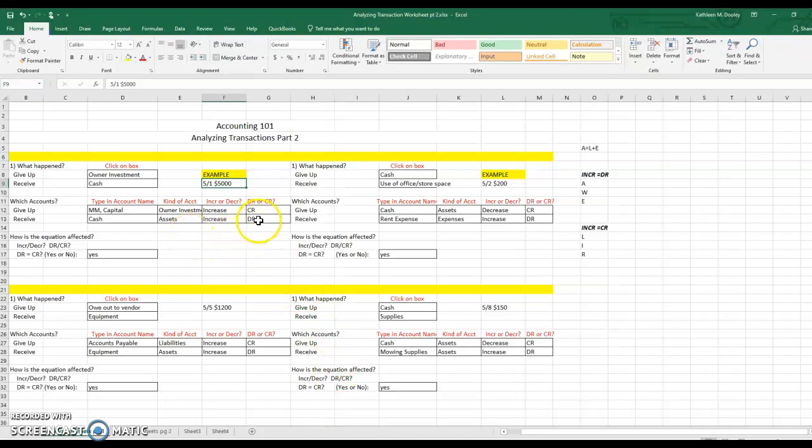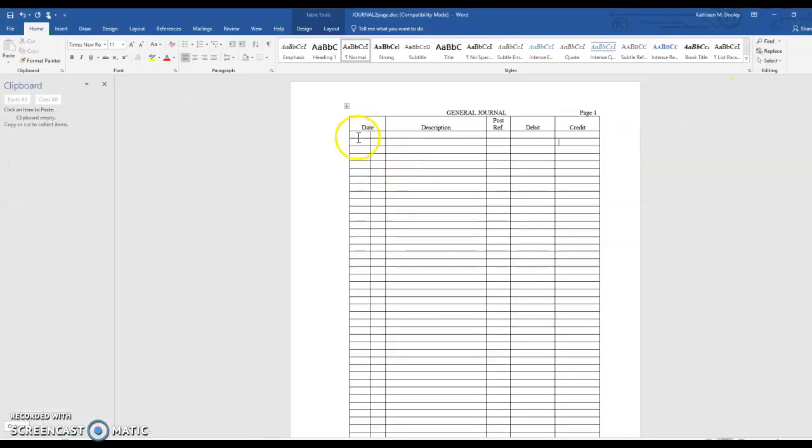Okay, so the first transaction, we said we're going to debit cash and credit capital, and it's May 1st for $5,000. Okay, so step one is to put our date in, May the 1st. Now, on the first line, if you're doing things manually, the first line of each page has the month on it.